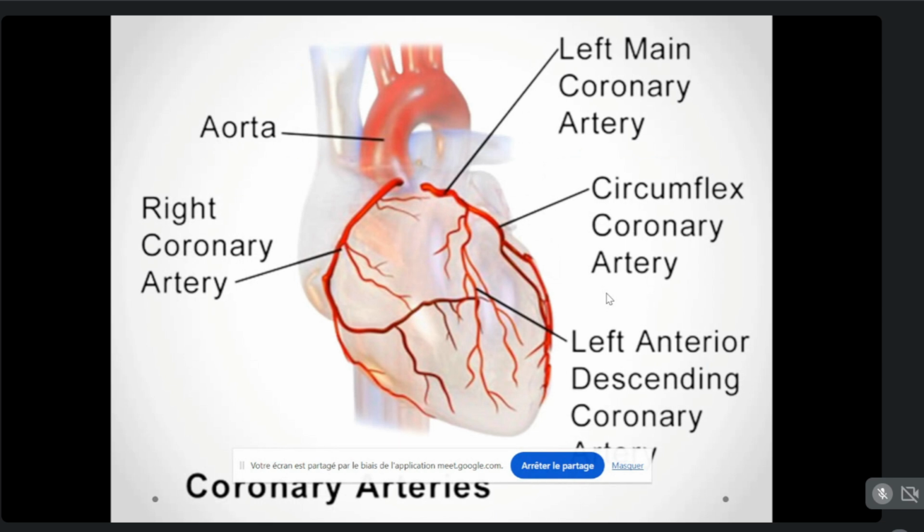The left main coronary artery originates from the left coronary sinus of the aorta, which is the first part of the aorta where the coronary artery arises. It typically bifurcates into two major branches, the circumflex coronary artery and the left anterior descending coronary artery.